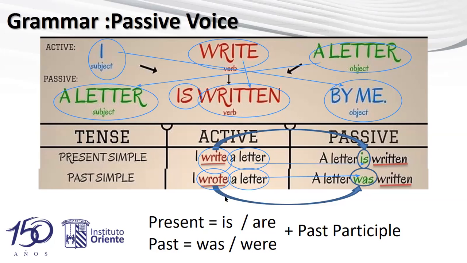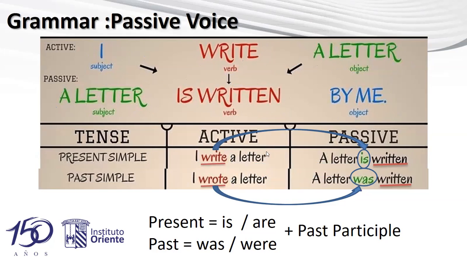Write, writing. Wrote, writing. Okay, guys? Now, let's continue with the next one. Please, don't worry. It is practice. You only need to practice. That's all. The most important is the practice, guys.